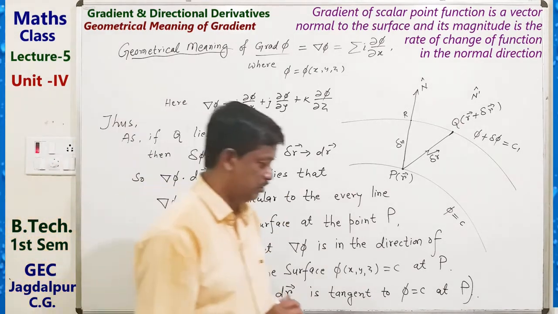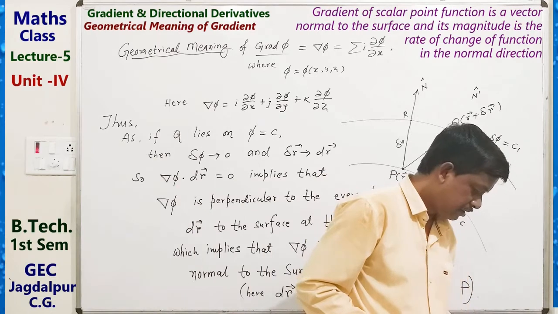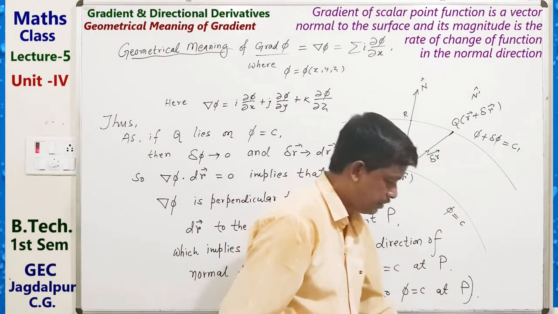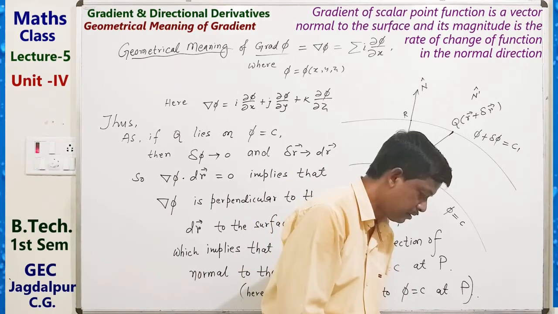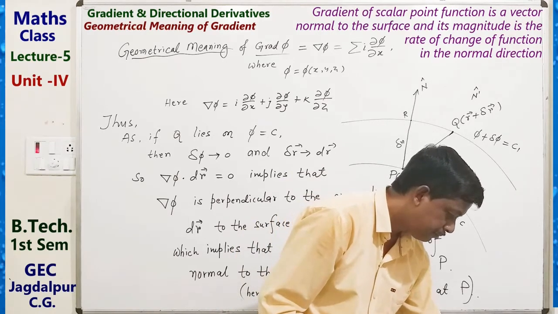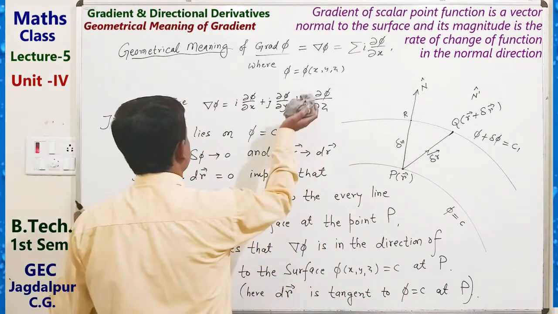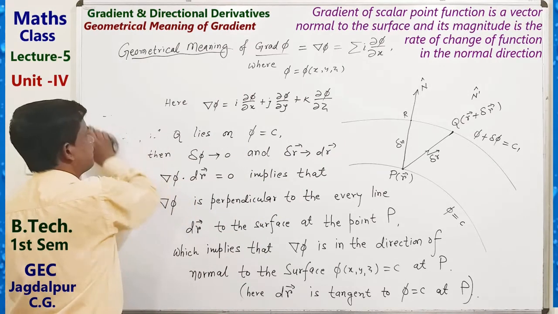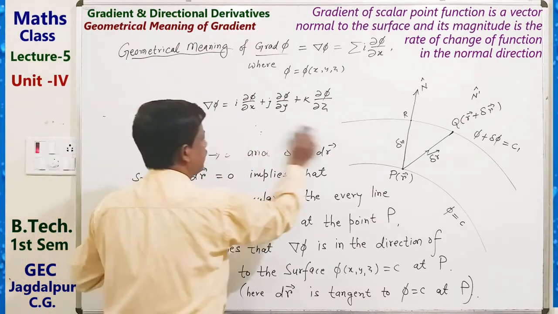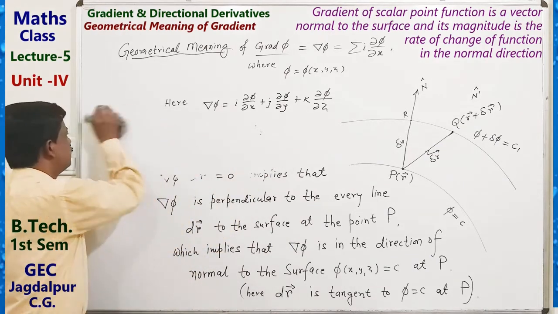Okay, now magnitude. Here we get the direction of gradient phi.